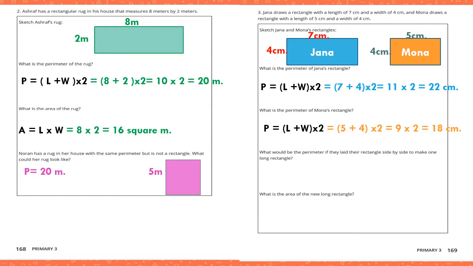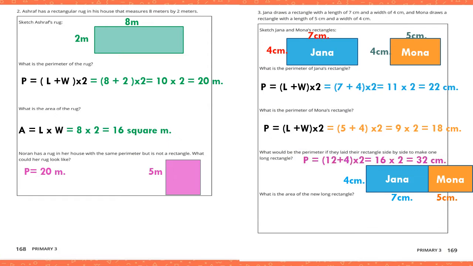But what would be the perimeter if they laid the rectangles side by side to make one long rectangle? The length will be changed. It will be 7 plus 5 and the width remains the same. It will be 4. So what is the new perimeter?